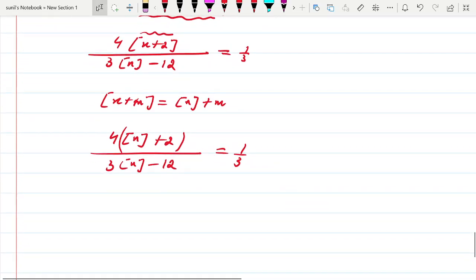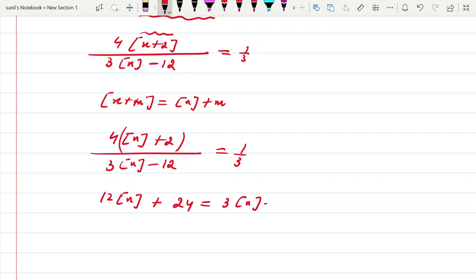Now let us simplify it. If I do the cross multiplication, 12 times bracket x plus 24 is thrice bracket x minus 12. Now we can write this as 9 times bracket x is equal to minus 36. Now my bracket x is minus 4.